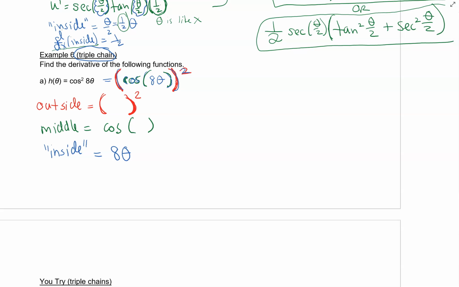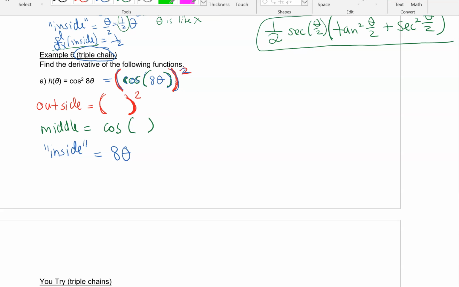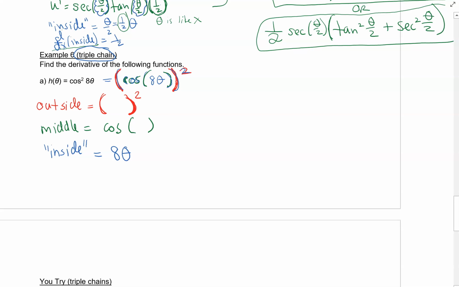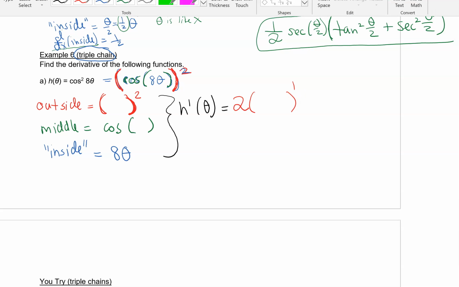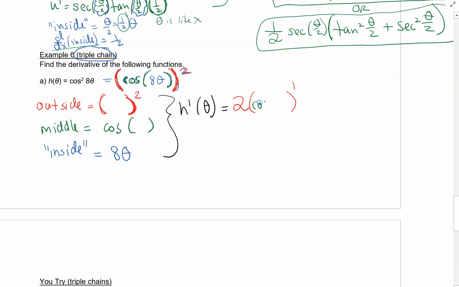So when I go to take the derivative of h, so let's go this way. So h prime of theta first is going to require a power rule. So I'm going to do 2 times the cosine to the power of 1. So everything that's inside stays the same. I do not change it when I'm doing the derivative of an outside layer.